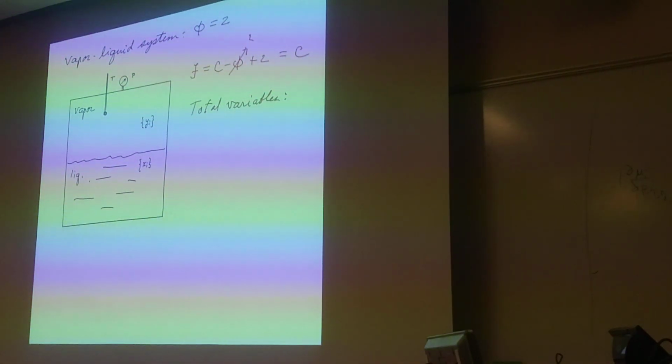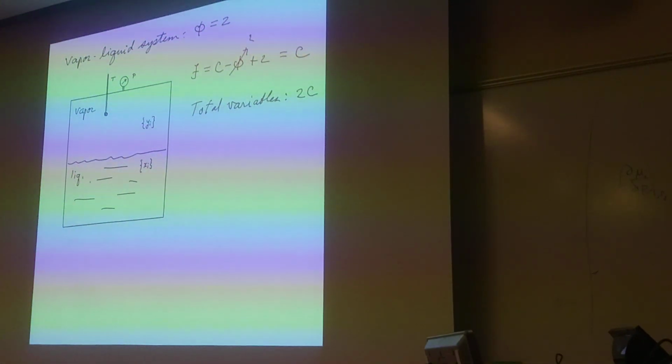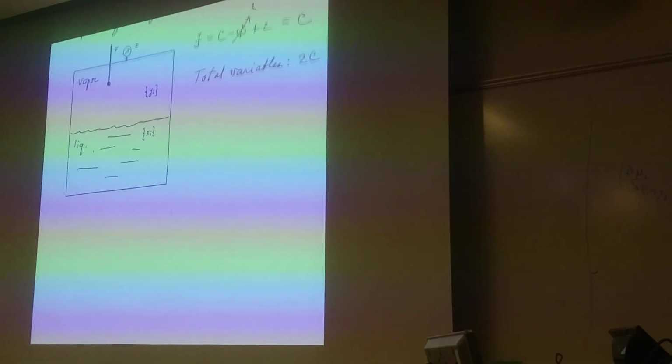Well, I've got C minus 1 mole fractions in the vapor phase, C minus 1 mole fractions in the liquid phase, and a temperature and a pressure. So the grand total number of variables is 2C, but I need to specify C of them to fix the problem. So that sets up the format for us.